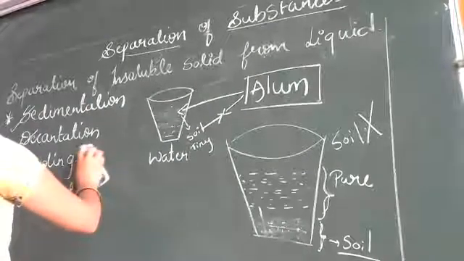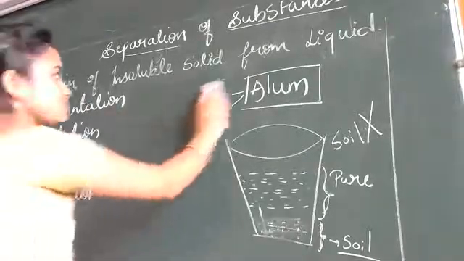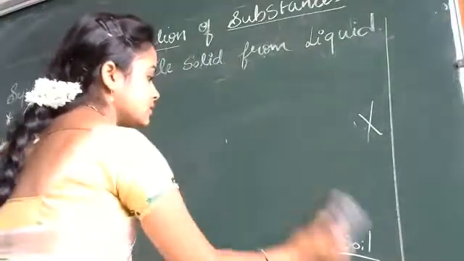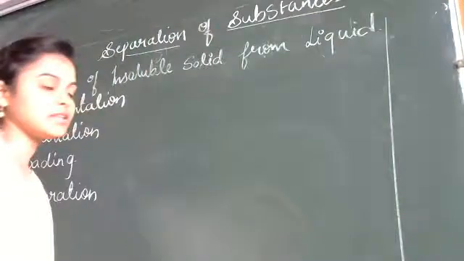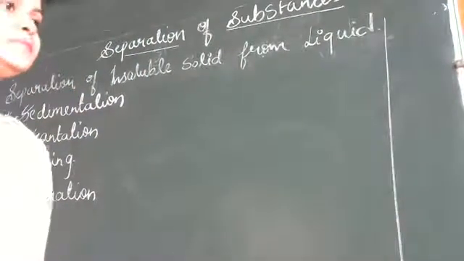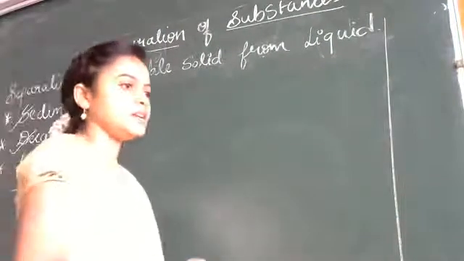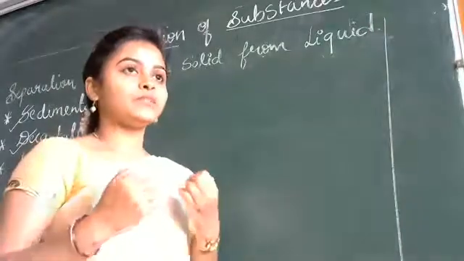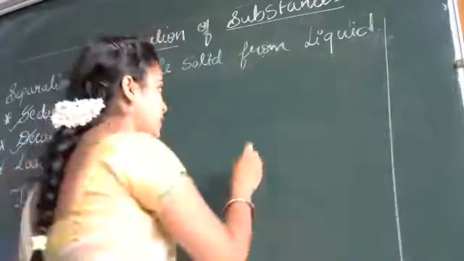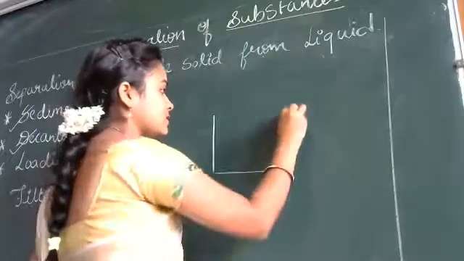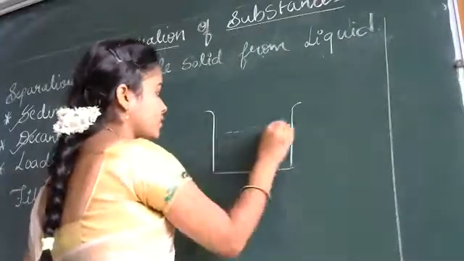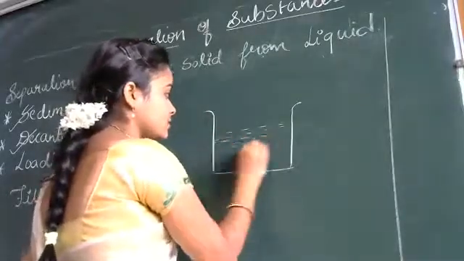Now what is filtration? Do you drink coffee, tea? You all drink coffee, tea? Now let us prepare tea. How do we prepare tea? In a vessel, I'll take water.